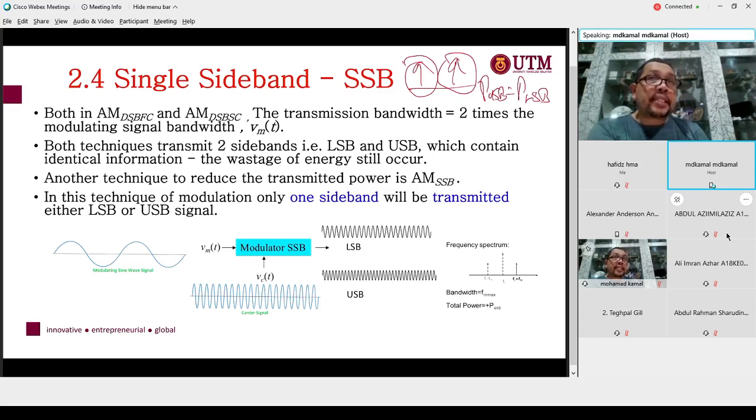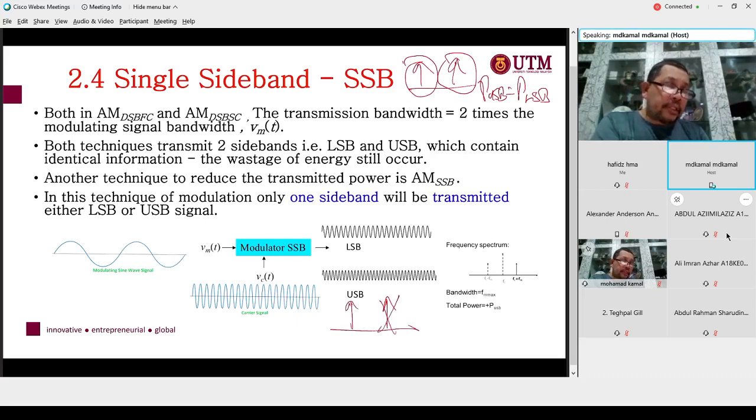The information is the same in both signals, so why transmit both? What we can do is suppress one of the sidebands.